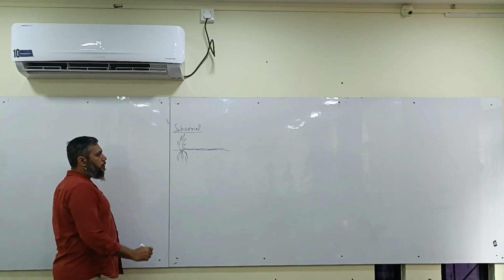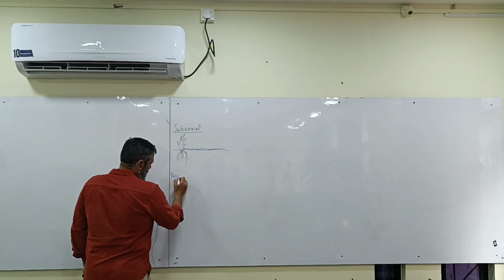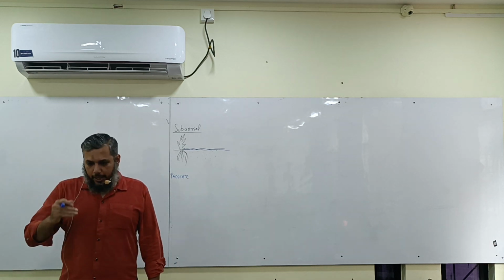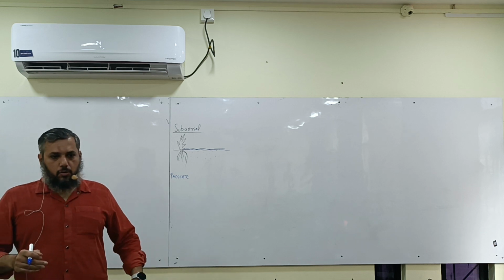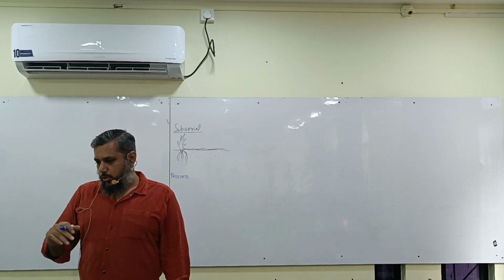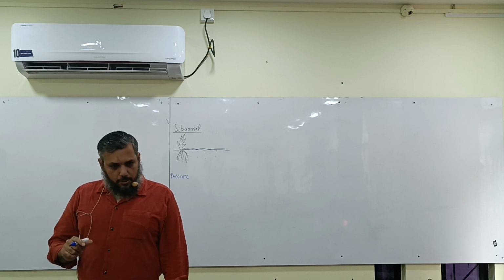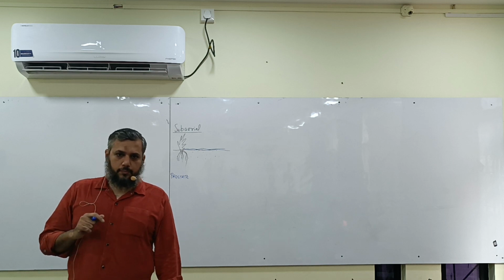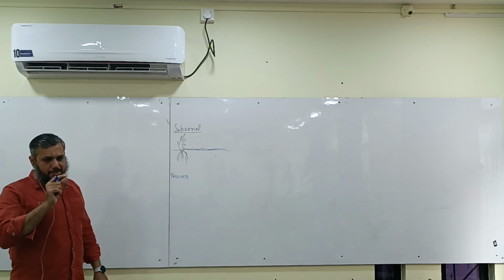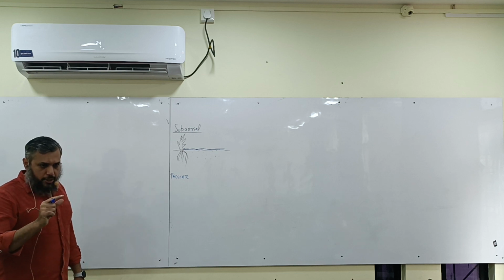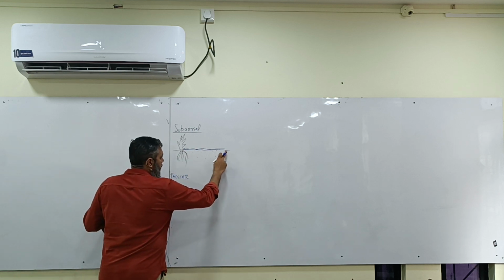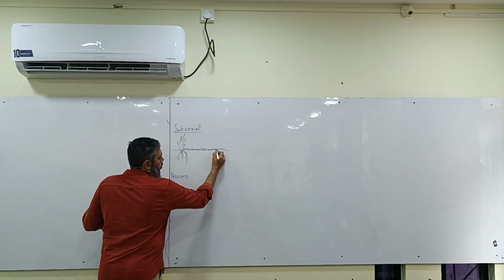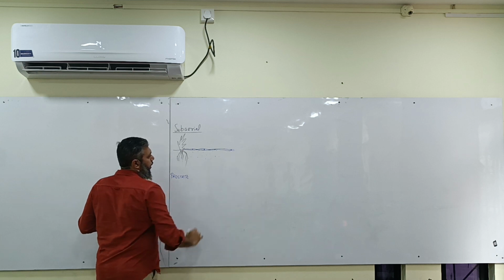What is the word I used? Prostrate. Right now I'm standing erect. If I'll be lying on the bed, you'll say that, sir, you are prostrate. Understood prostrate? So it's a green, slender, thin, prostrate branch running along the surface of the soil, showing the presence of nodes and internodes.